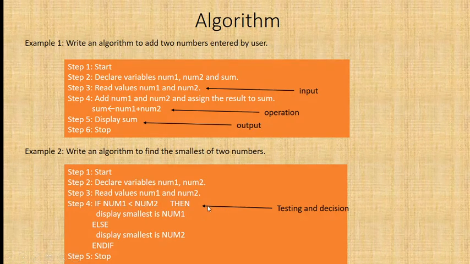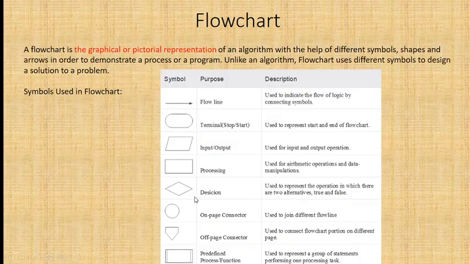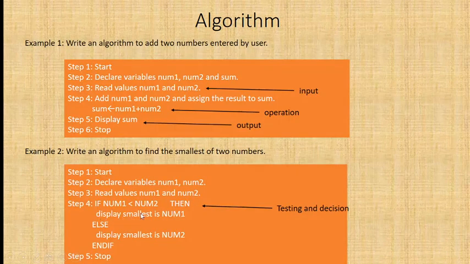This is testing and decision. So display if true, display here. If not true, we use else to display that the smallest number is num2, and then we end the if, and then stop.